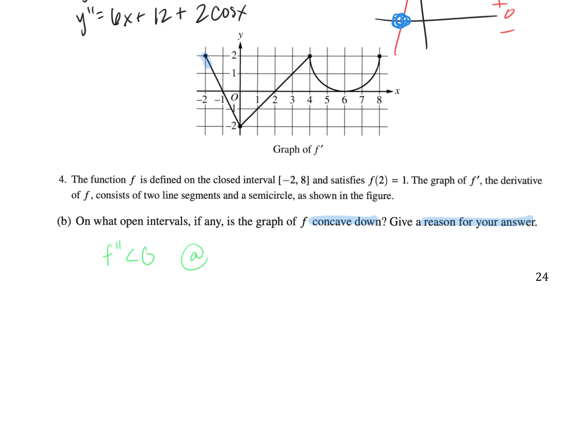What's my slope here? Negative. Then what's my slope in pink? Positive. What's my slope in blue? And then pink. So from what x to what x is my f double prime negative? -2 to 0 and 4 to 6. You could have done brackets on these as well, and they would accept that.